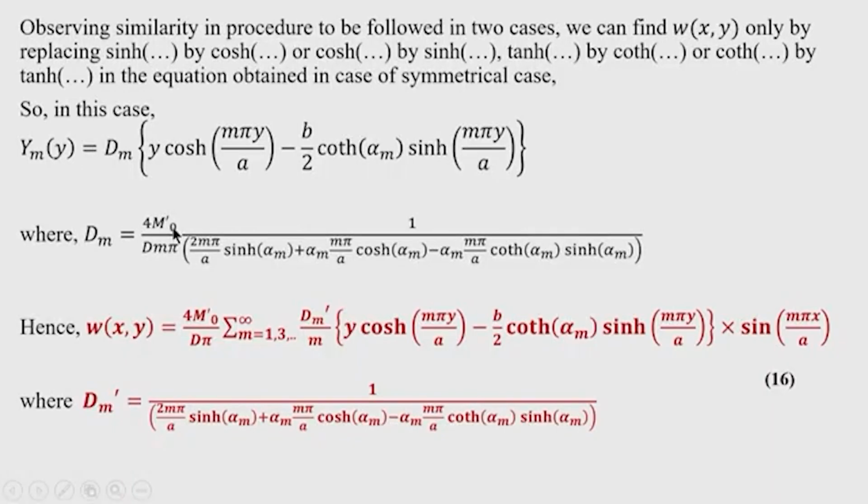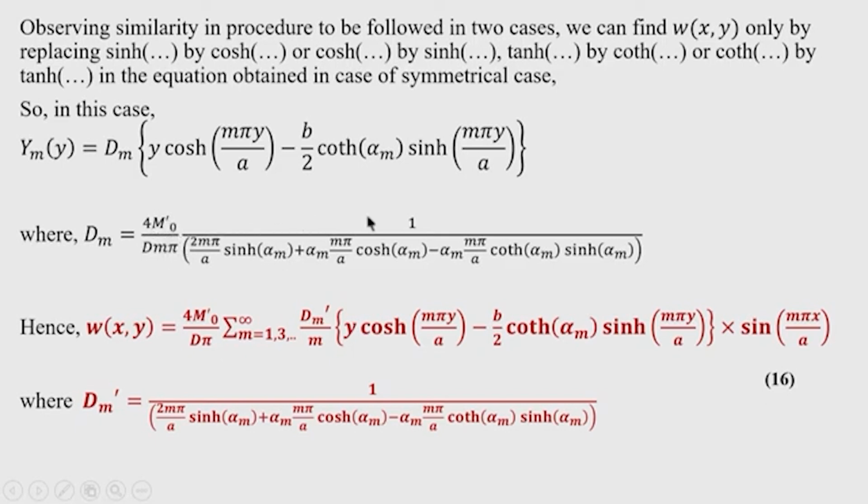Left hand side contains an infinite number of terms, and the right hand side also contains an infinite number of terms. So, now equating the coefficients of like terms, we can find the coefficient of each term in the series.